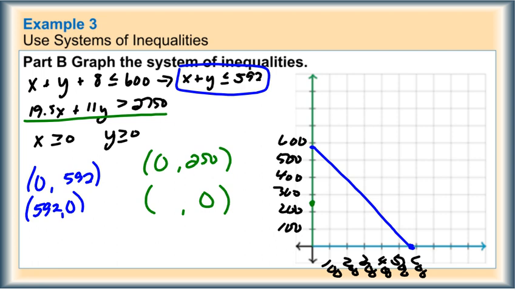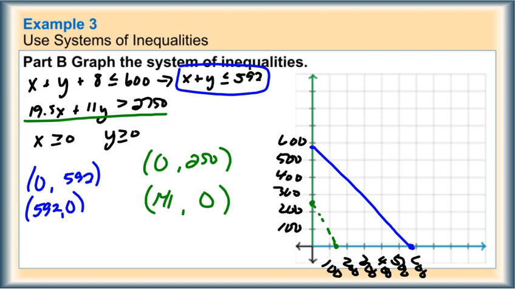And then when y is 0, 2750 divided by 19.5 gives us about 141. And 141 would be roughly here. Since this one does not have the equal to, this one's a dashed line.